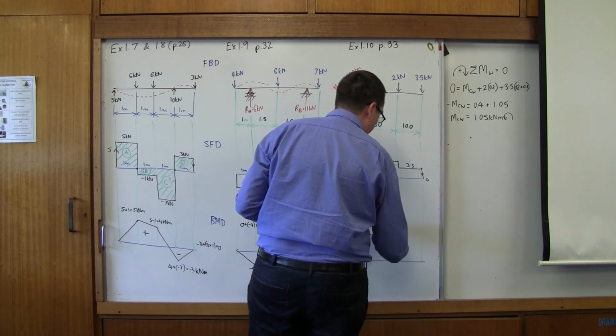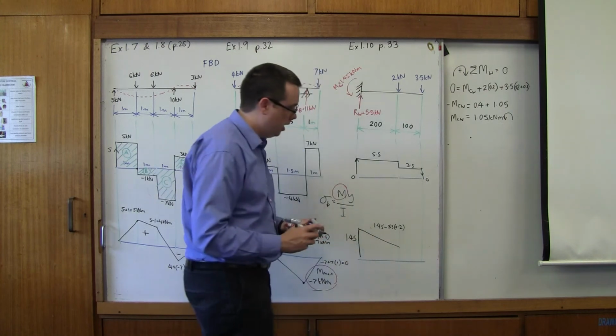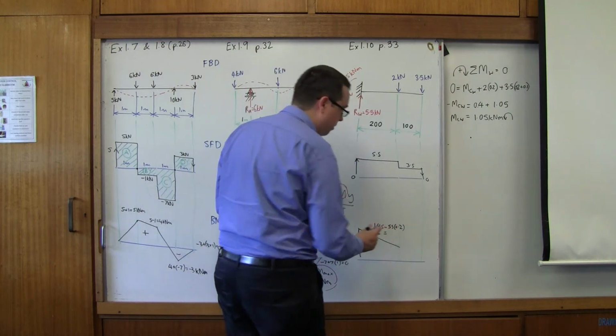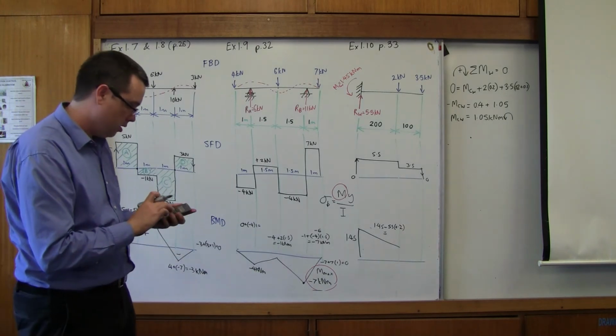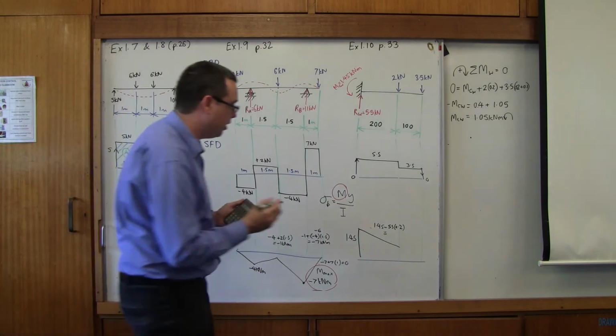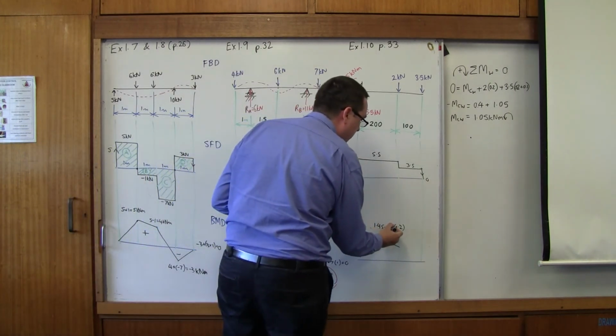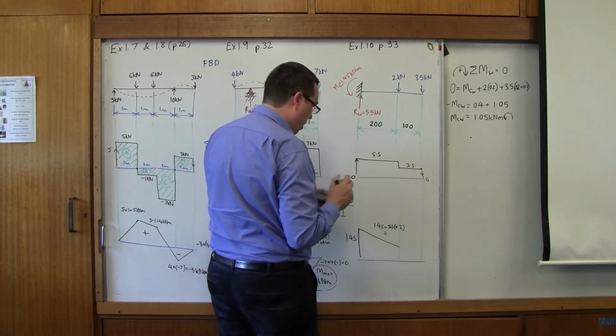minus 5.5 times 0.2. And that is going to equal, okay, so 5.5 times 0.2 equals 1.1.